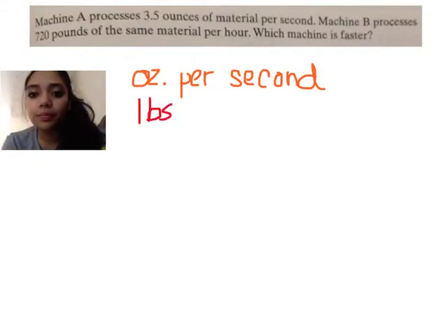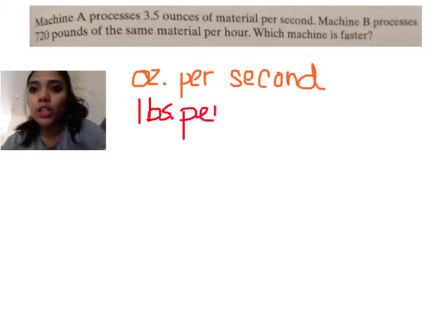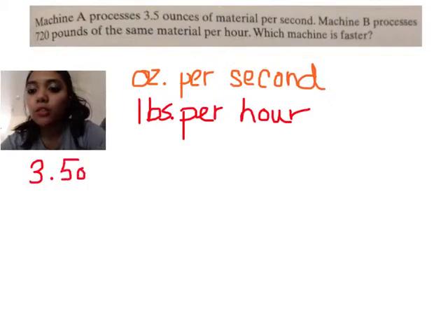Alright. Okay, so machine A processes 3.5 ounces of material per second. Machine B processes 720 pounds of the same material per hour. Which machine is faster? So, if you notice, there are 2 types of units of measure, and so this is ounces of material, ounces.